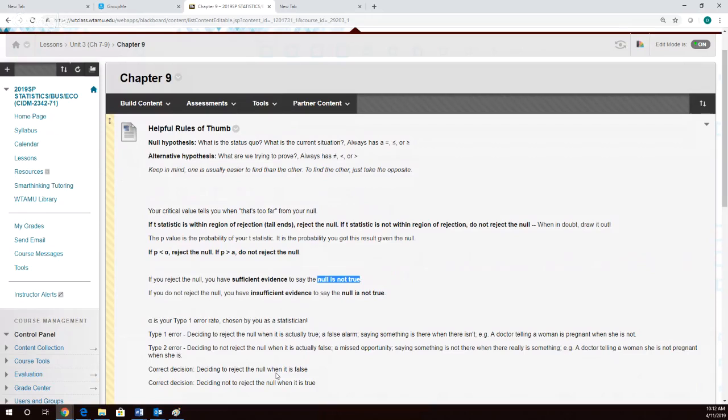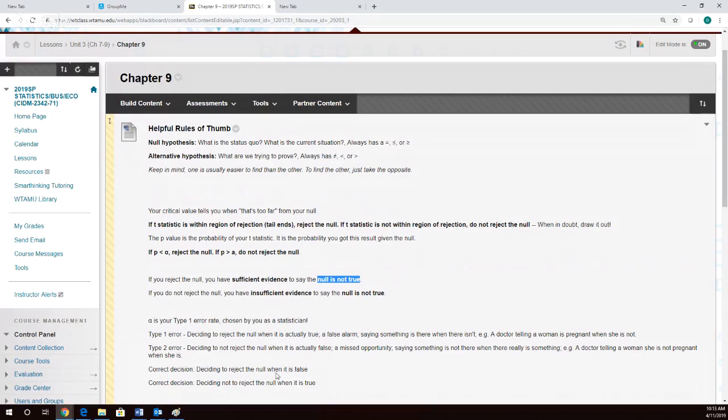Whereas a type 2 error is when you're saying, I don't have any evidence to say that the null is not true, or I'm not rejecting the null, but in reality, the null is actually false. So you should have rejected the null.